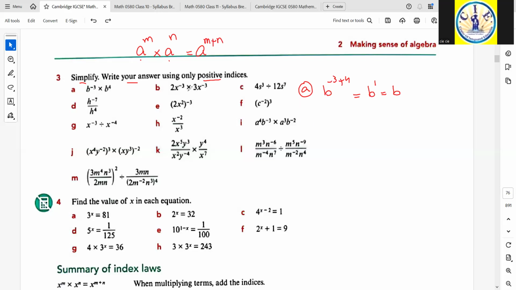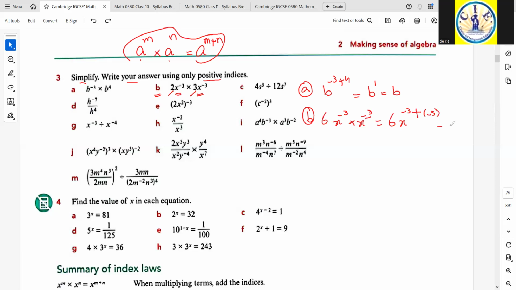Okay, now for part b, we first of all need to multiply the coefficients. So 2 times 3, that will become 6, and then x raised to power negative 3 and x raised to power negative 3 being multiplied with each other. So this will be exactly on the application of this rule, x raised to power negative 3 plus negative 3.